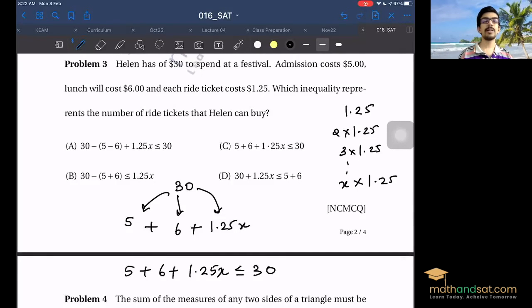So if you have X number of ride tickets, it will cost X times $1.25. So this expression on the LHS represents the total expense. Okay, and this can be a maximum of $30 because that is all she has. She has only $30 to spend. Cool.